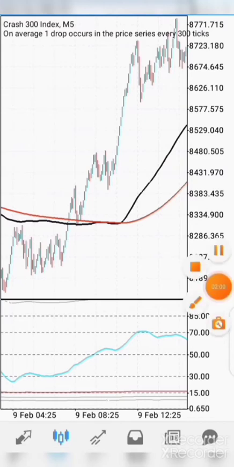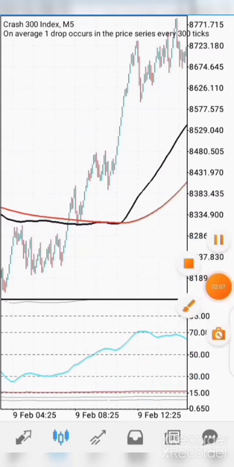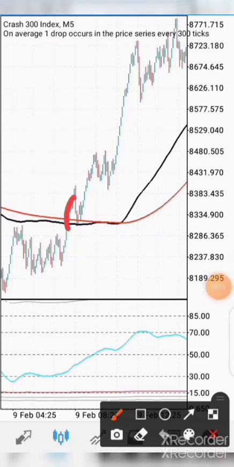You see here right now, watch what is happening here. This is the point where the price moved above the two moving averages. And watch what is going on here.